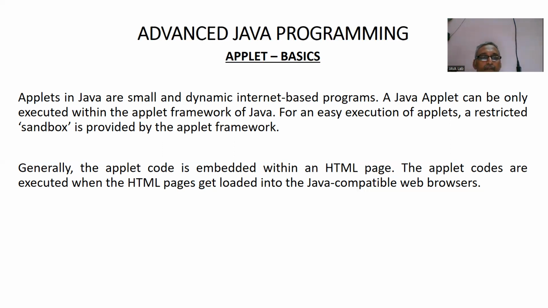Generally, the applet code is embedded within HTML pages. The applet code is executed when the HTML pages get loaded into Java compatible web browsers. Applets are mainly downloaded on remote machines and used on the client side.